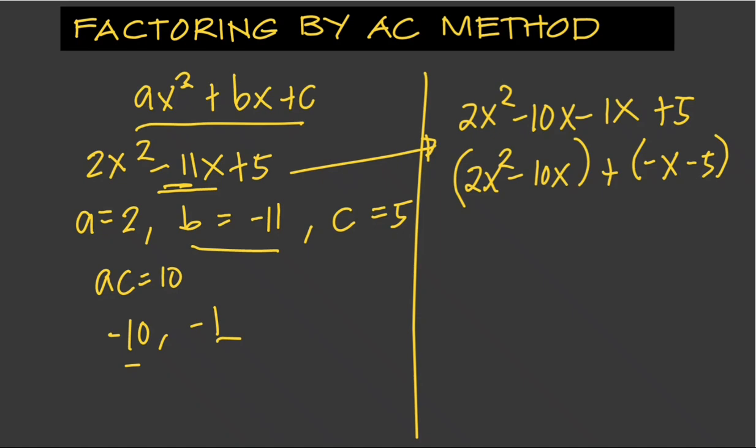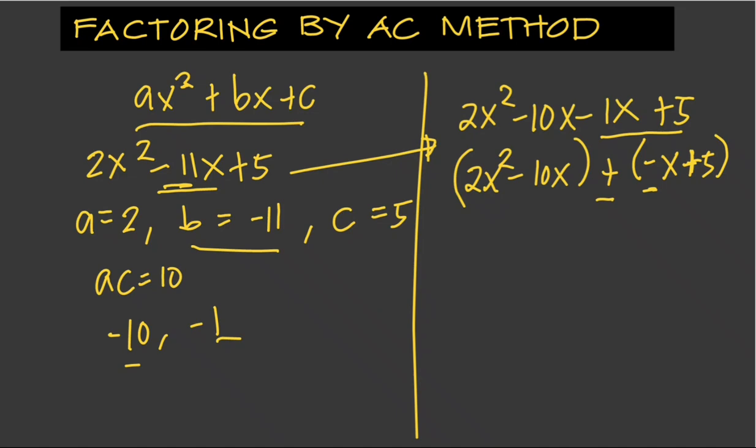The negative 1 here is included in the second parenthesis. Oh, it should be positive 5, my bad. Because this is plus 5 from the original expression, it should be plus 5 here too. So the two new groups here are joined by an addition sign.